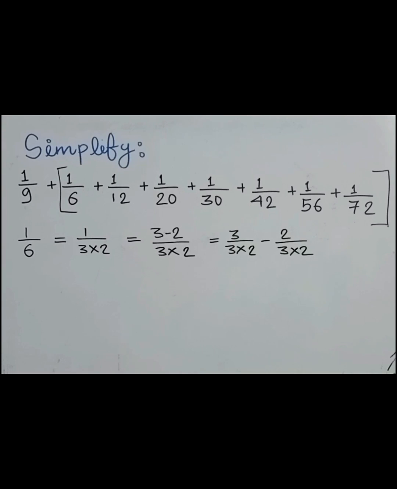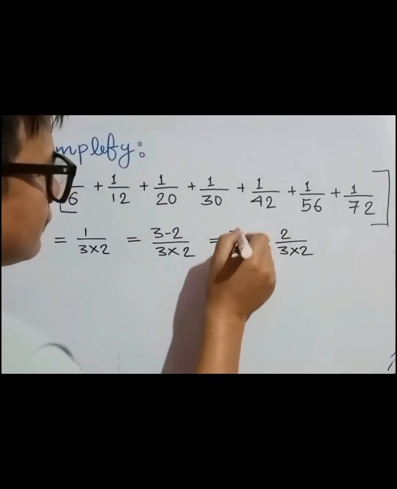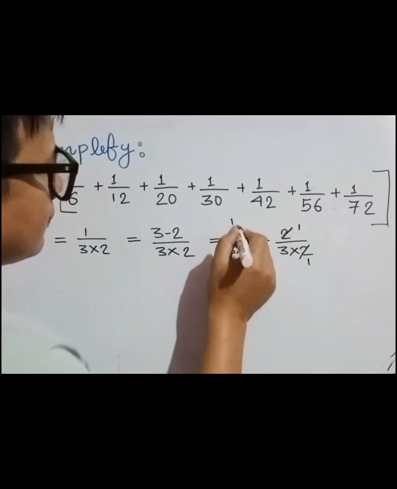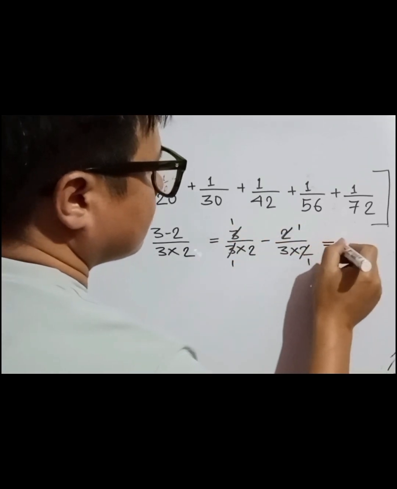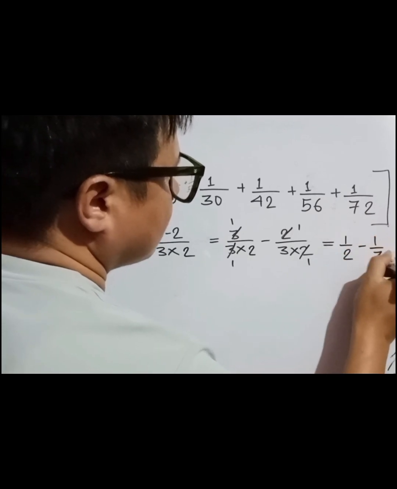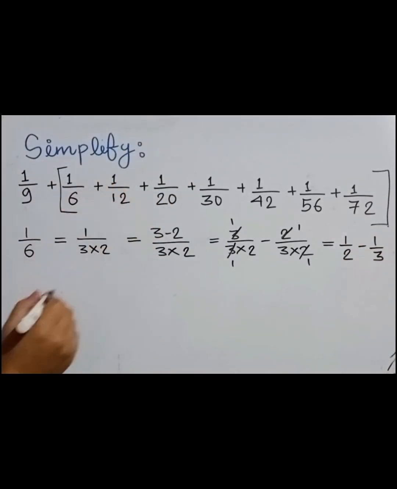Now we can cancel 3 with 3 in the first term, 2 with 2 in the second term, and this is equal to 1 upon 2 minus 1 upon 3. Therefore 1 upon 6 becomes 1 upon 2 minus 1 upon 3.